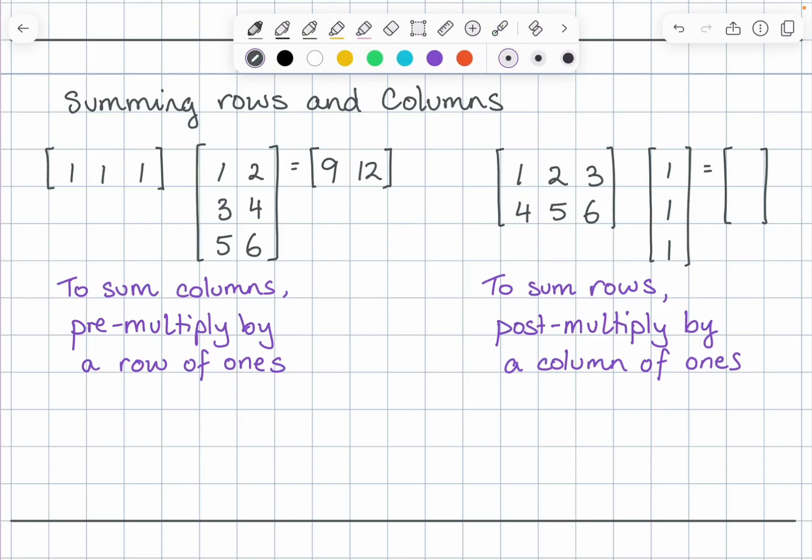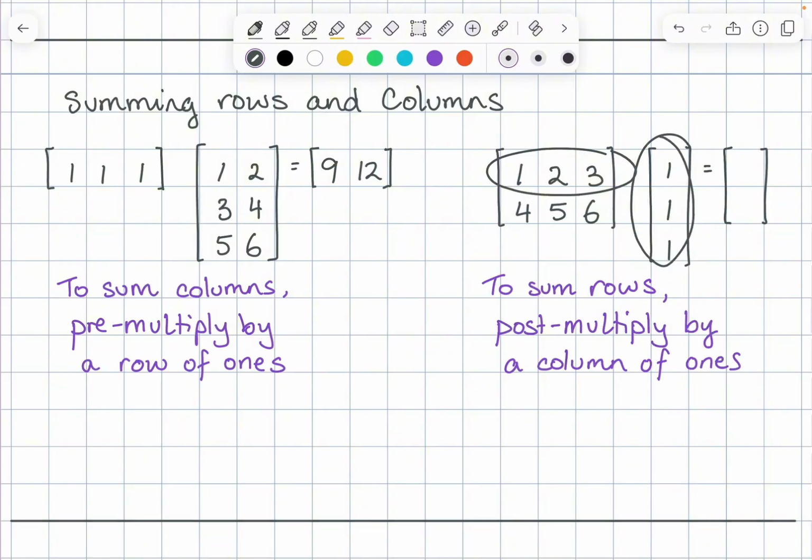So to sum columns, pre-multiply. I like to think of columns, in Roman architecture, it's in the past, so it goes before. It's from before times. If we want to sum the rows, so sum that row, we post-multiply by a column of ones.